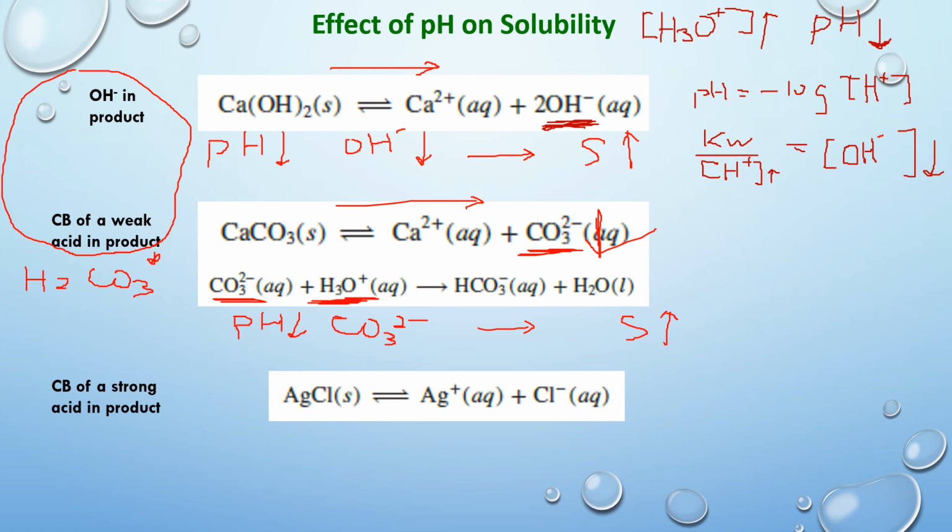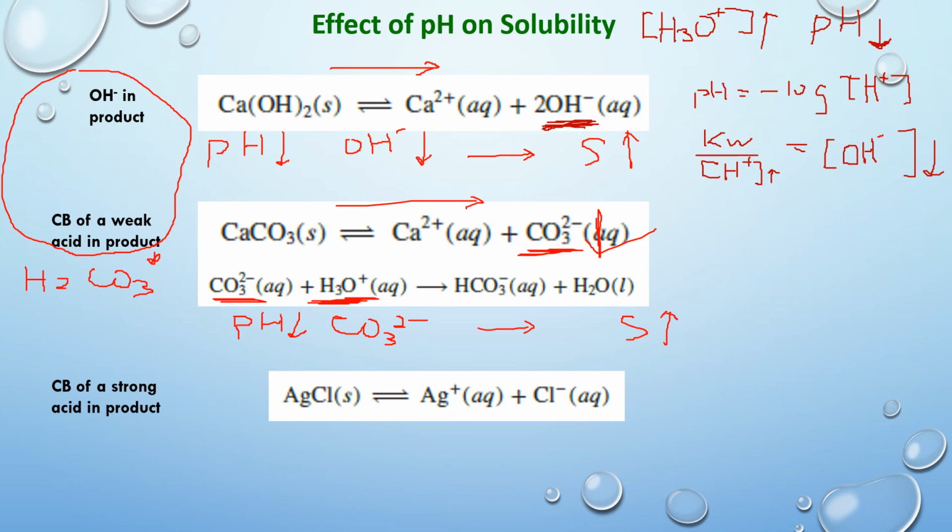It's pretty easy to remember: if you try to let a solid dissolve more, you add acid. Acid will dissolve more solid. That's kind of common sense, something we assume would happen.